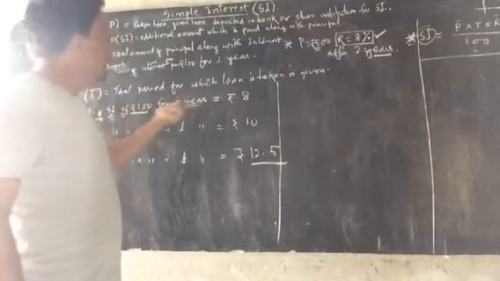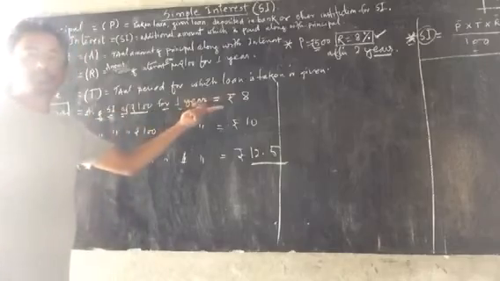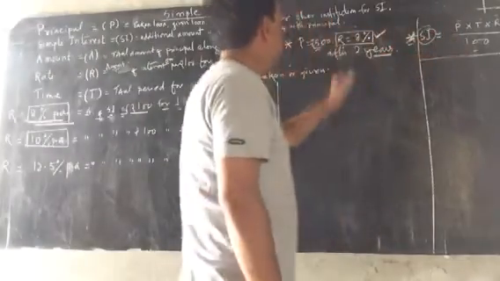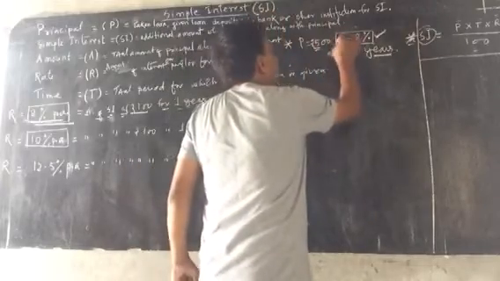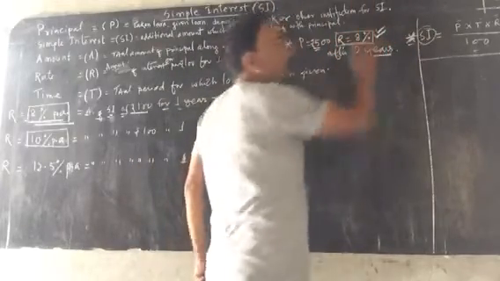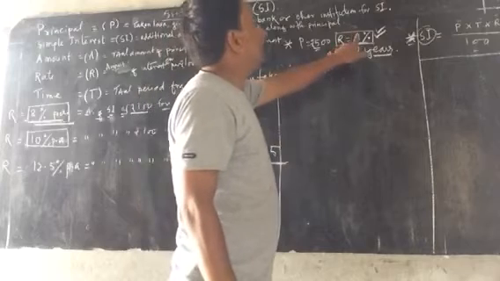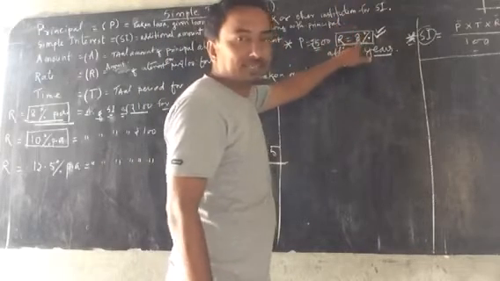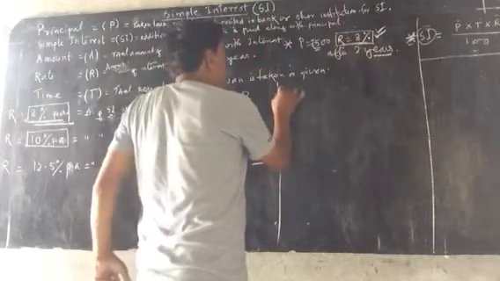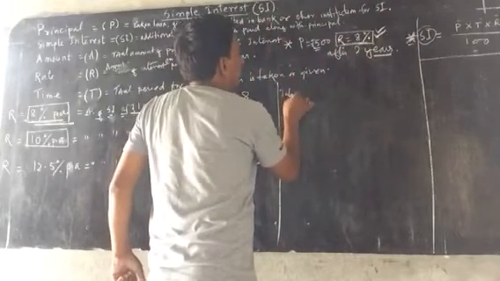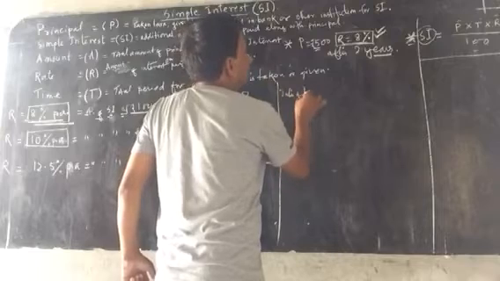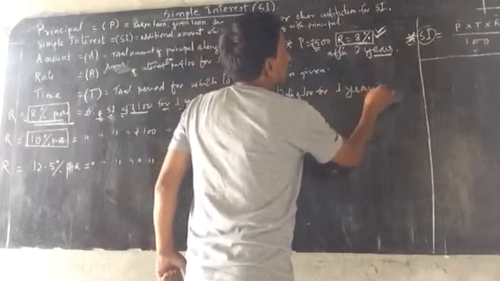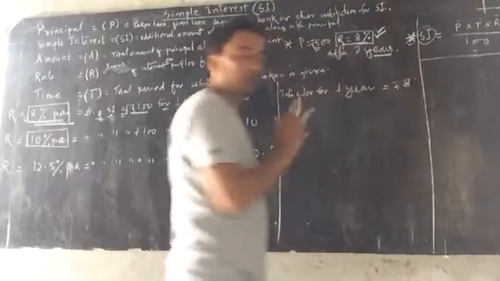Okay, using this system, you can derive this formula very simply. You just see it. So 8% per annum is the rate of interest. It means the interest of rupees 100 for 1 year is rupees 8. So very simple.